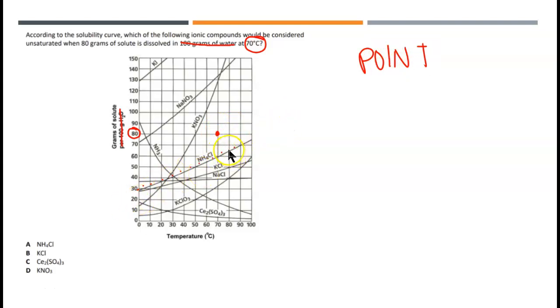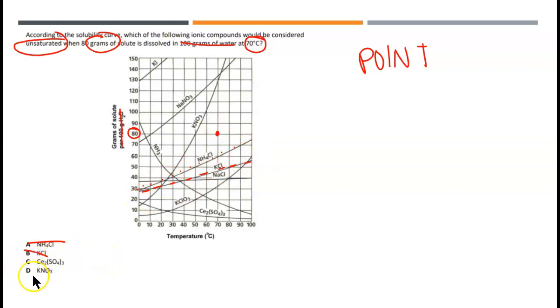So that would be supersaturated. We're looking for the one that is unsaturated at 80 grams. A is not it. Let's look for KCl. I'm going to turn this one into dashes. KCl, the dot is still above the line for KCl. So it is not that one.